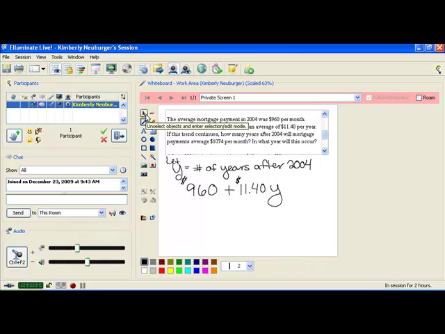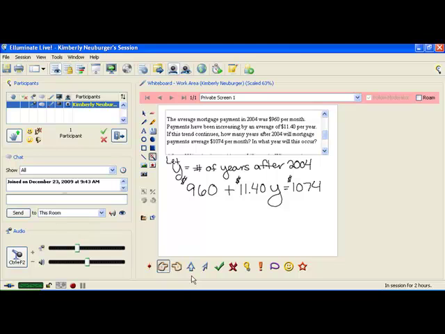Now, what we really want to know is when is this going to be $1,074? So we want to know when is this value equal to $1,074. Now that's the equation that we believe we're going to be solving.